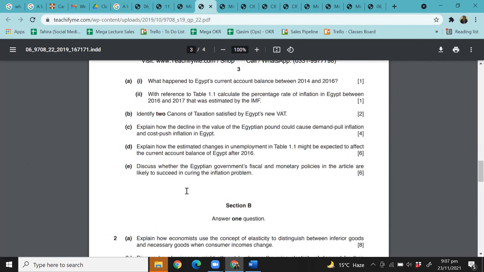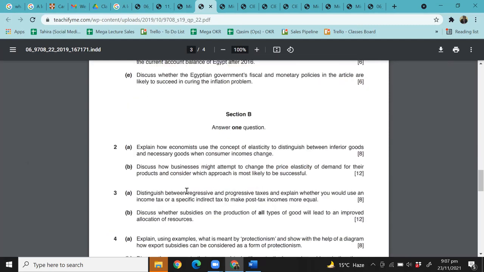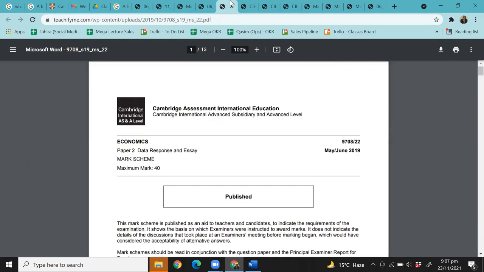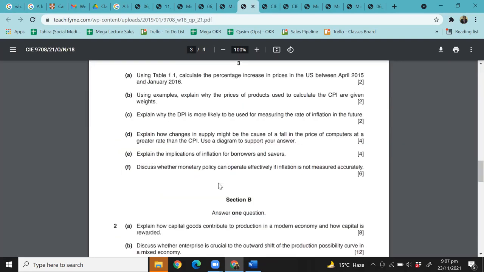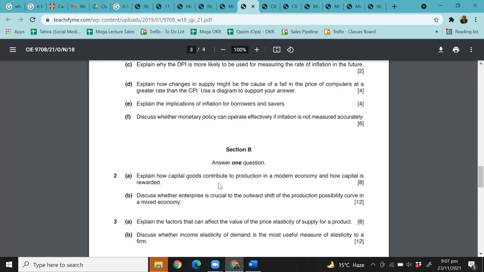Right. Okay, perfect. So this is a question that we have done in unit 1, so this topic we've already done, and we'll do this one.